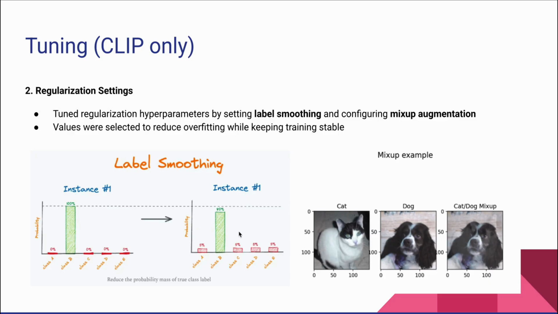As we can see here in the mix-up example, we mix the cat and dog images to create a cat-dog mix-up. These choices helped reduce overfitting while keeping training stable. Together with architectural stabilizers like layer norm and GELU, these techniques enabled the classifier to learn more robust features from Tiny ImageNet.